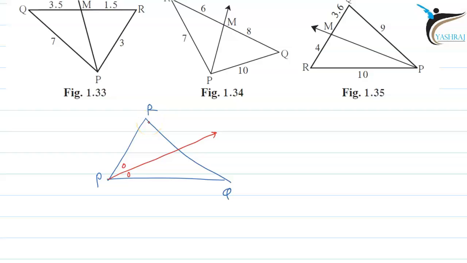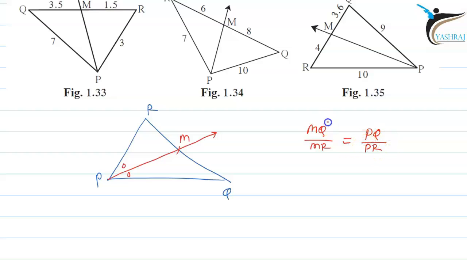As per the angle bisector property we can say that the intercepts made by a bisector on its opposite side QR are in the ratio of the remaining two sides of the triangle. That means MQ divided by MR is equal to PQ divided by PR.